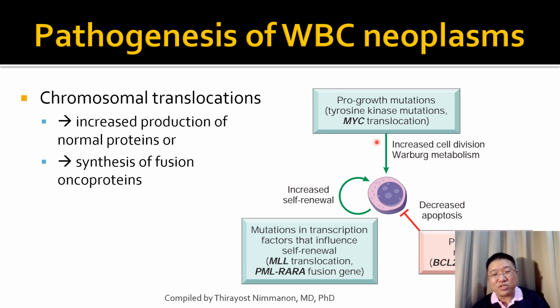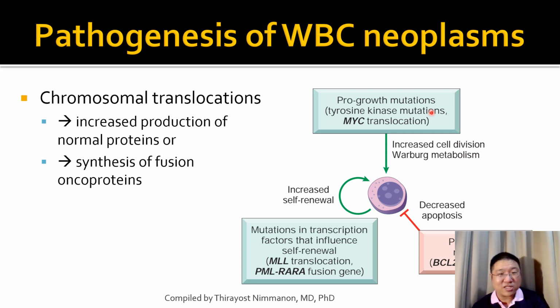So we will expect to see a starry sky pattern within the tumor everywhere in the lymph node involved by the lymphoma. Because chromosome 14 is for immunoglobulin production and MYC is located in chromosome 8, when there is translocation, the MYC location will be translocated next to the location for immunoglobulin production.